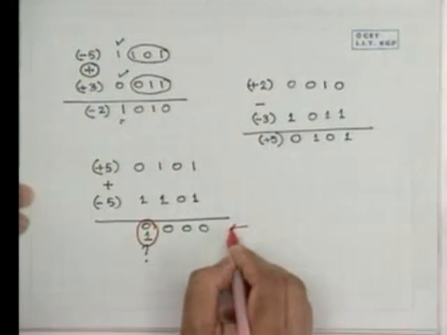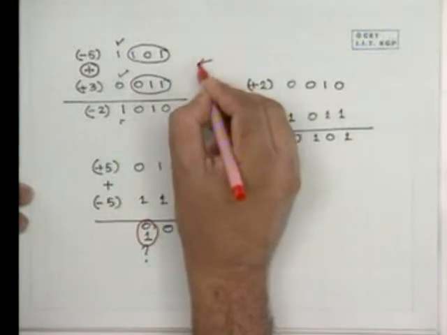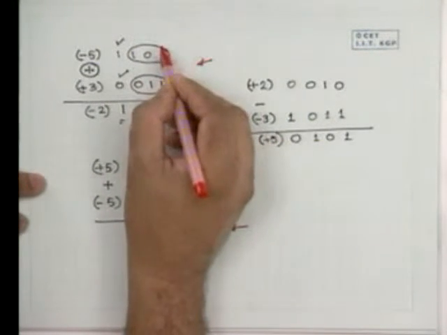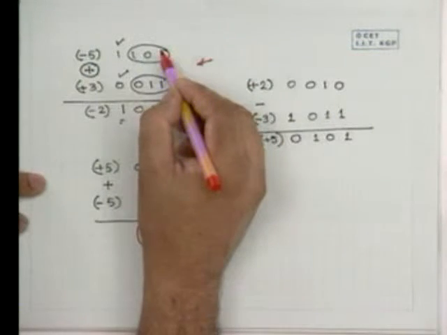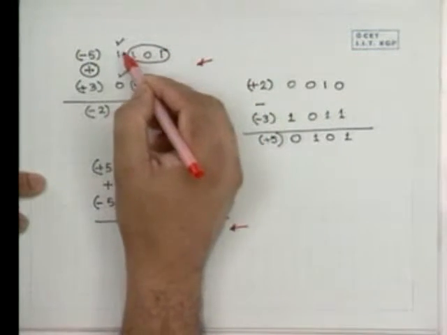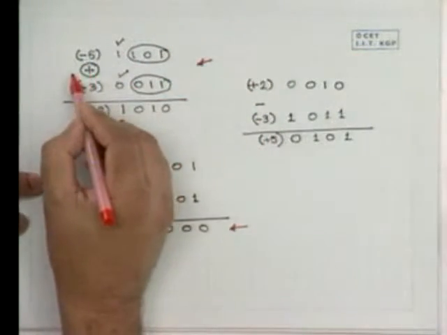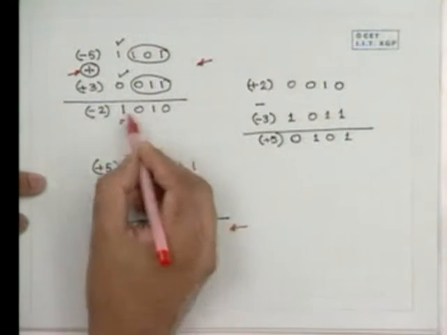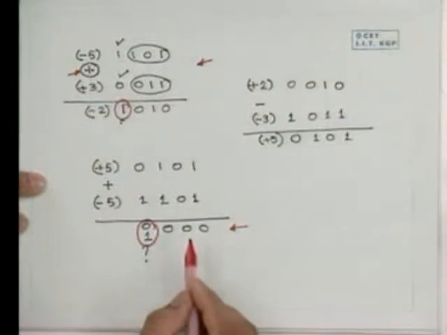This is one problem. Another problem is that to finally get the result, you will have to see the magnitudes of the two operands, the sign of the two operands, and the desired operation to determine what is the actual operation and what will be the sign of it.